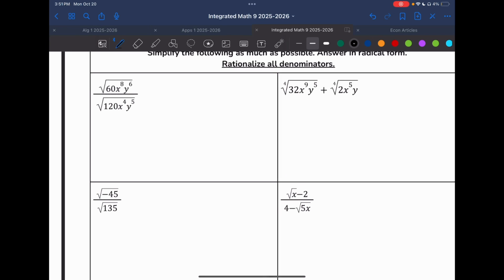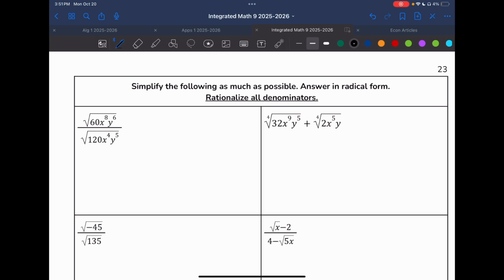Okay. So if we go over here, this problem may look scary, but we can remember that we can use our radical properties to put it all under one radical. So 60 x to the 8th, y to the 6th, over 120 x to the 4th, y to the 5th. And now we can simplify what's inside there.